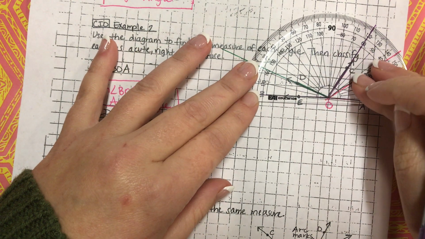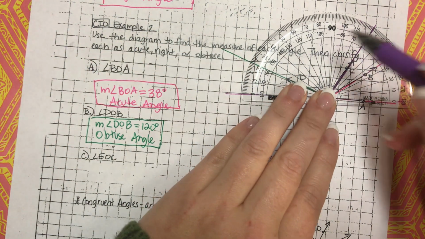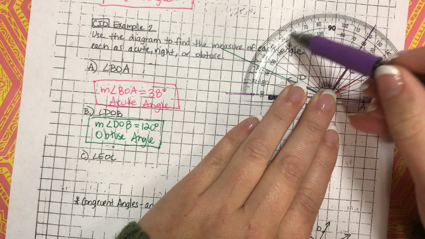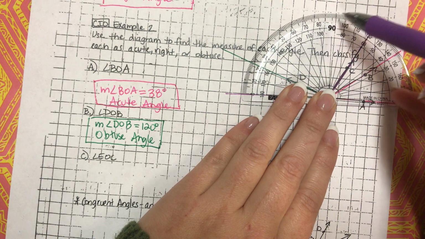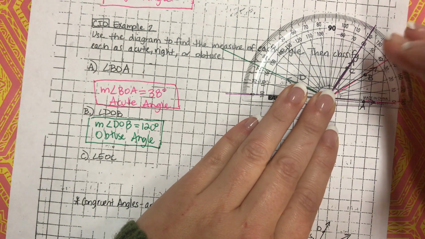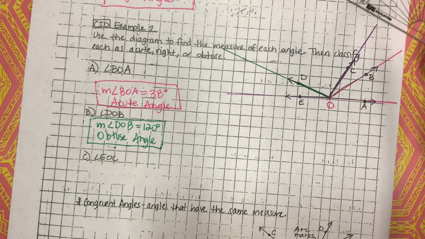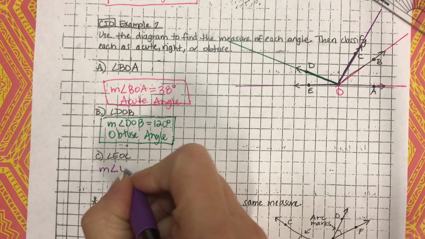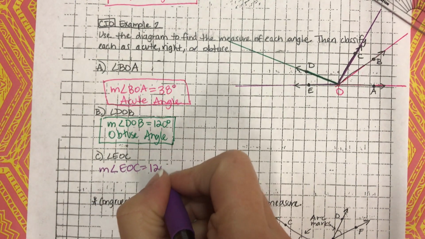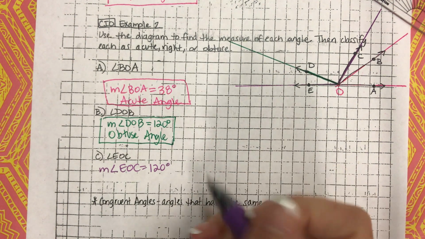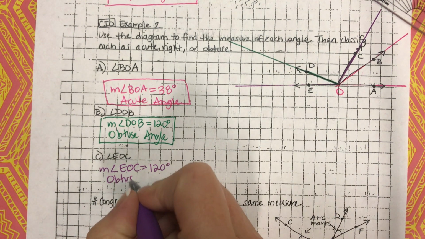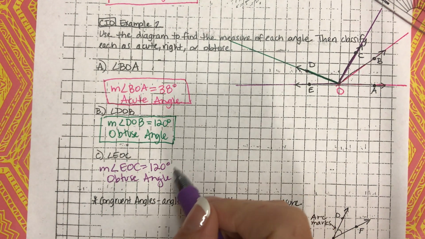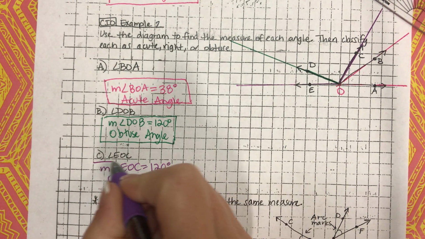Since I'm using this side now, I count this way: 0, 10, 20, 30, 40, 50, 60, 70, 80, 90, 100, 110, 120. So EOC is actually 120 degrees. The measure of EOC is equal to 120 degrees, which would mean it's an obtuse angle, because it's bigger than 90 and less than 180 degrees.